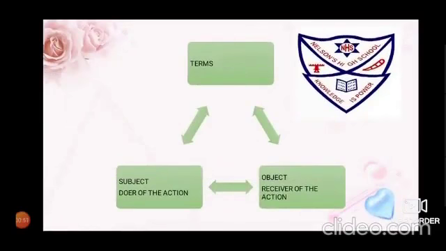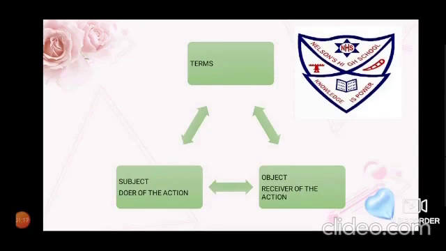In this chapter, you are going to study 3 different terms, but 2 of those terms, the first one being the subject and the other one being the object. Now, what is the subject and what is the object? The doer of the action, the one who usually performs the action, or the one from whom the action is being done, is called the subject of the sentence.